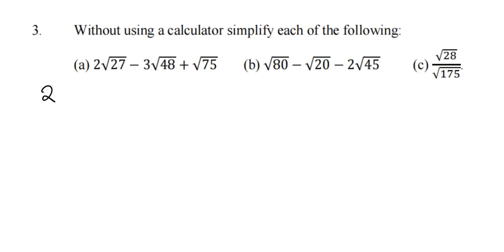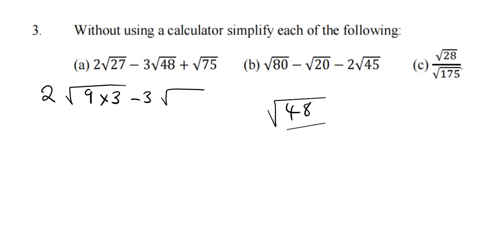We're saying 2. So for 27, which two numbers can we multiply? 9 multiplied by 3, right? Minus 3. For 48, which two numbers can we multiply? No matter how big the number is, try to divide by 2 first. So 2 into 4, that is 2, 2 into 8, that is 4.